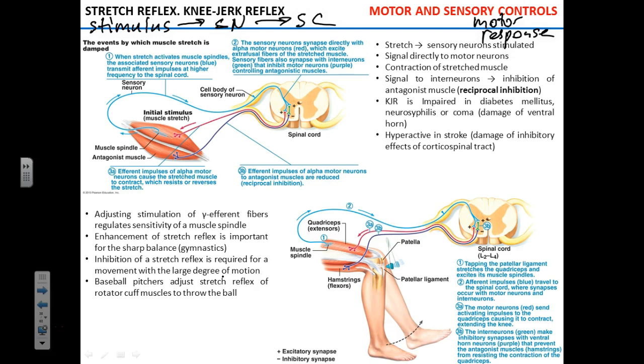Which cells transmit the signal? It's not a cell, it's a part of that cell. What's the cell? Neuron, right? It's a neuron. What neuron will transmit the motor signal? Motor neuron. We've got the reflex arc, right?